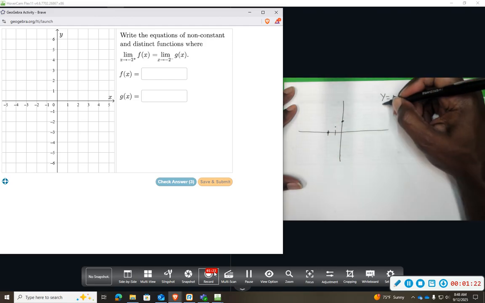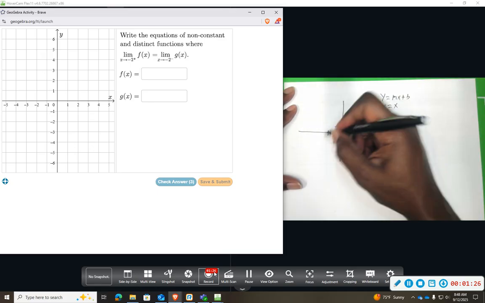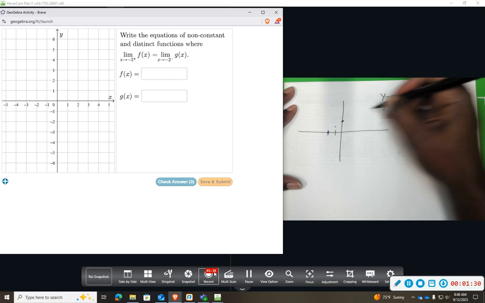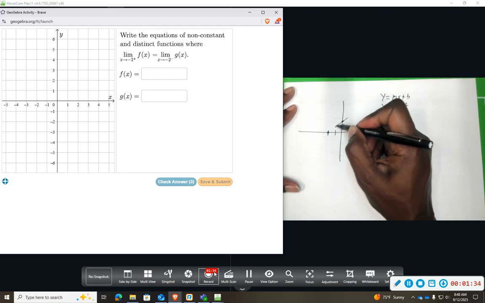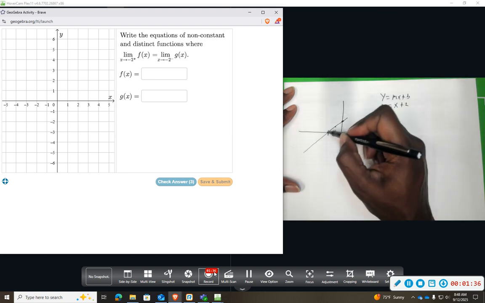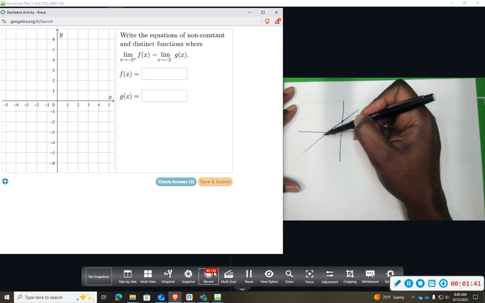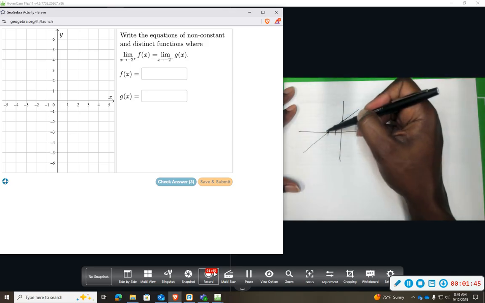So I can say y equals x, so slope of 1, just 1x, and then plus 2 because it intersects the y-axis at 2. So this equation would give me a solid line, okay, that as this graph goes toward -2, and it doesn't matter from the right or from the left, okay, we're going to hit 0.